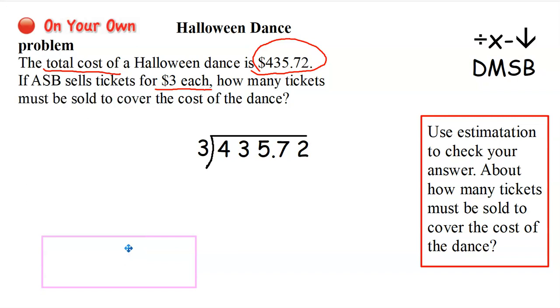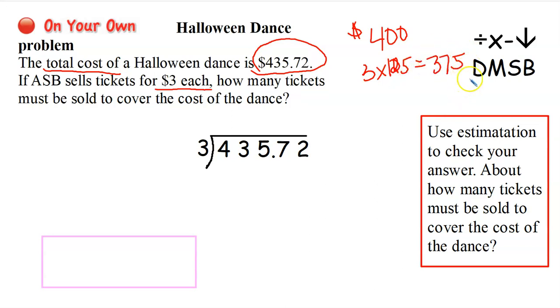So there it is. We could also use estimation to check our answer. So sometimes I round something like this. If I round it to $400, I know that 3 times 125 equals 375.